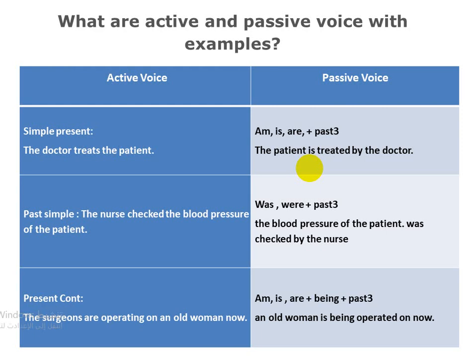The blood pressure of the patient was checked by the nurse. Okay, so in the passive we began the sentence with the object, but in the active we began the sentence with the subject. This is the most important point.